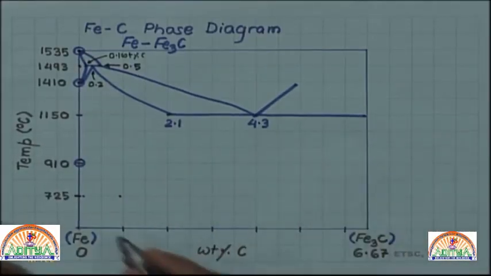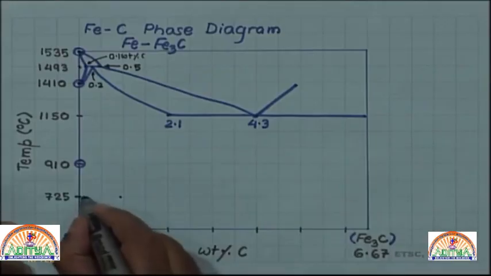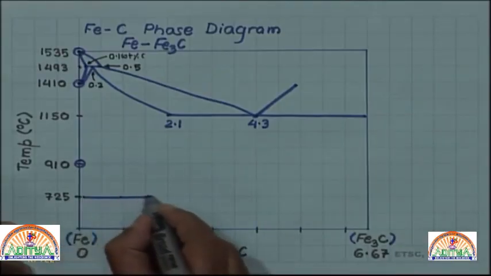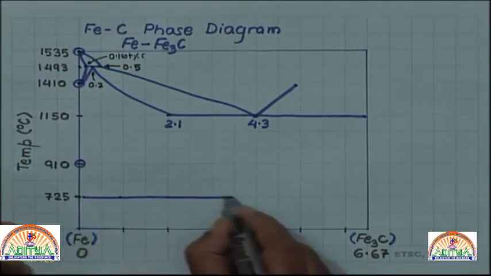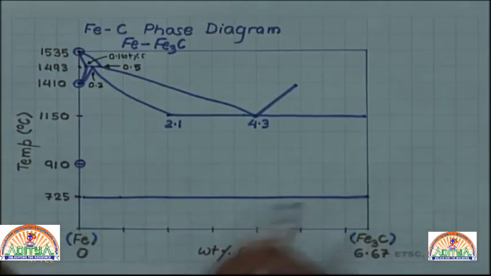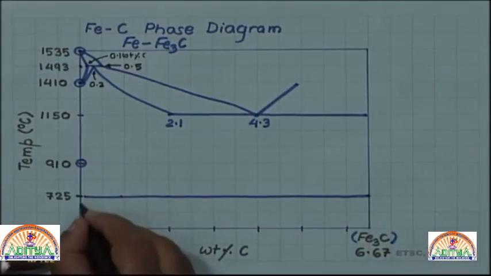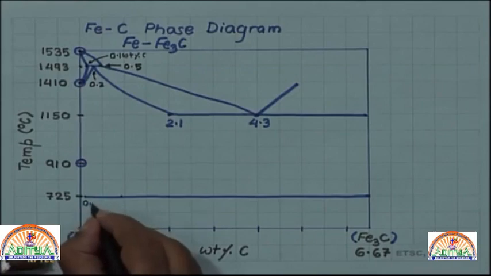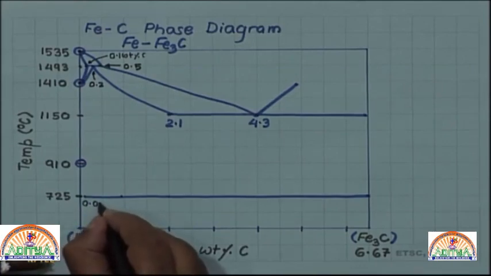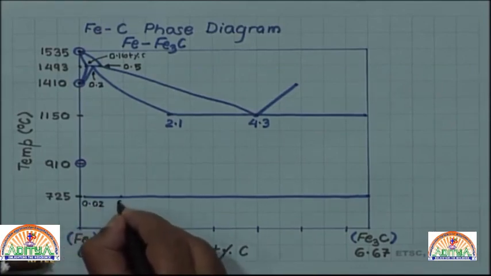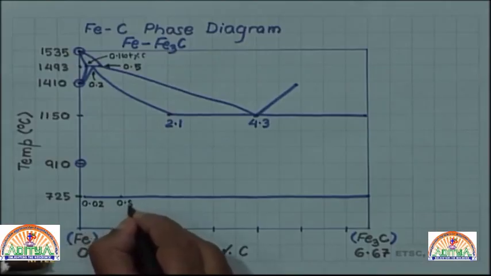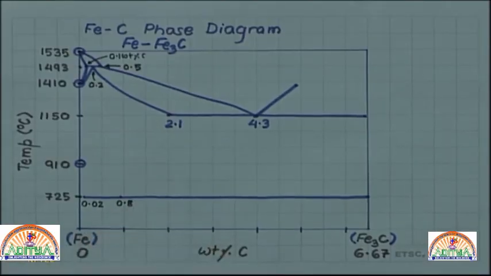Its end compositions are very close to pure iron, about 0.02 percentage. So this is 0.8, and next it goes up to 6.67. Now connect these boundaries like this. Okay, so this is the phase diagram.